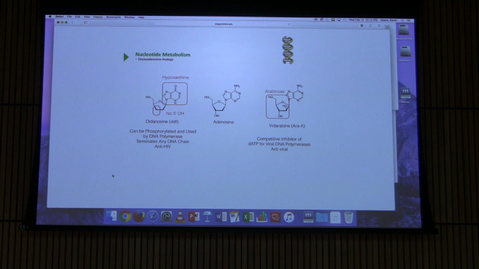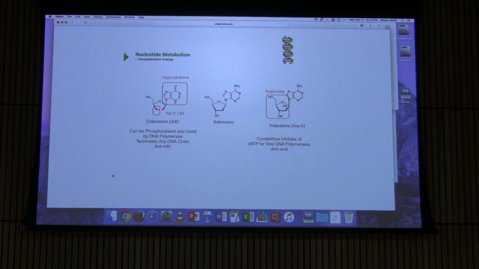It turns out, as we'll see today, that a 3' hydroxyl is necessary for something to attach to continue growing the chain. This gets phosphorylated, and the phosphate can get attached to the previous nucleotide, but the next nucleotide has nothing to attach to. Therefore, the one on the left is a chain terminator.